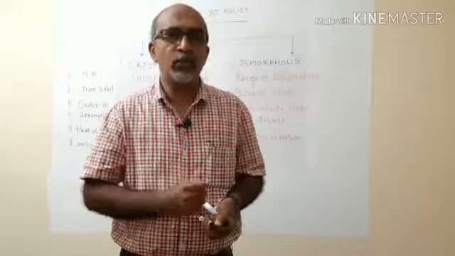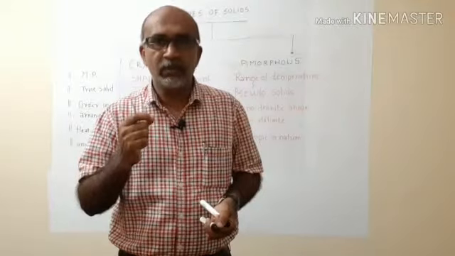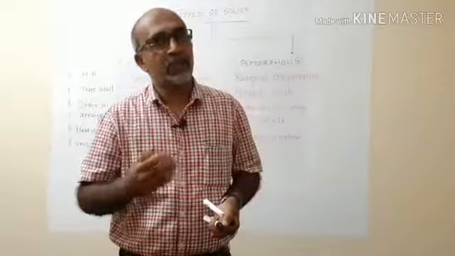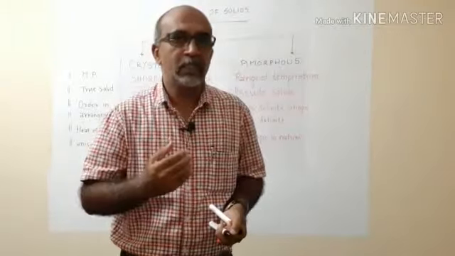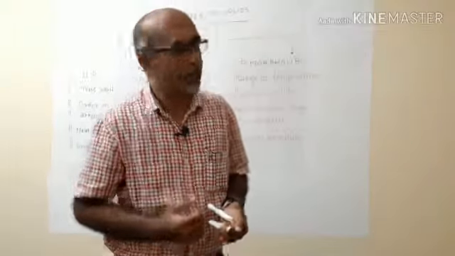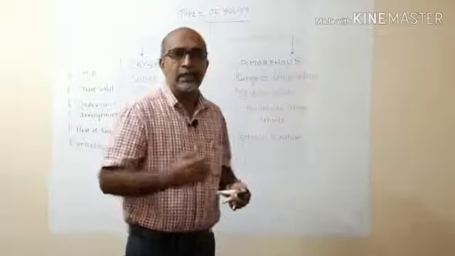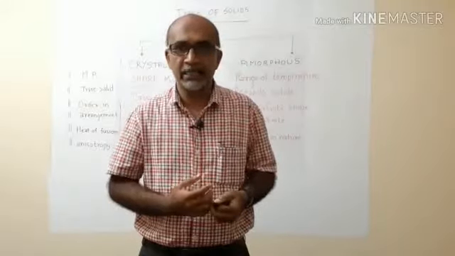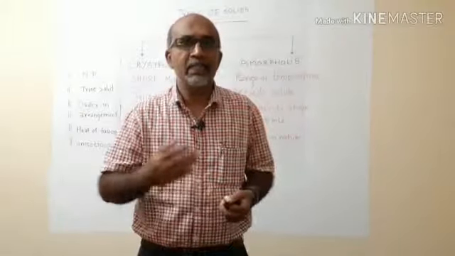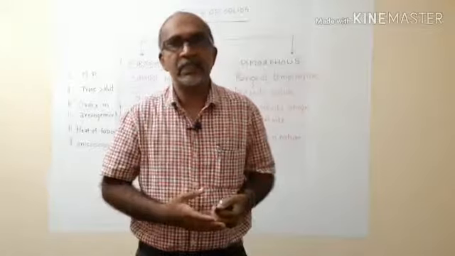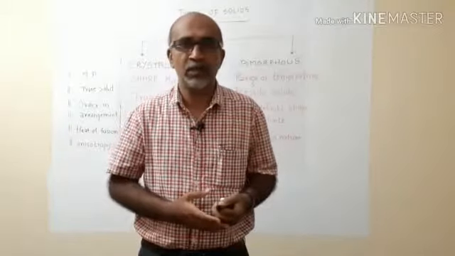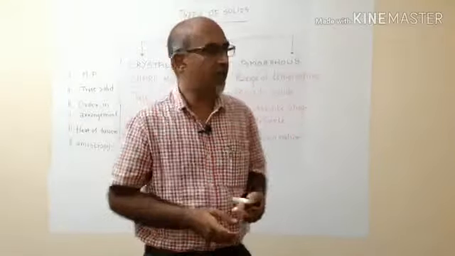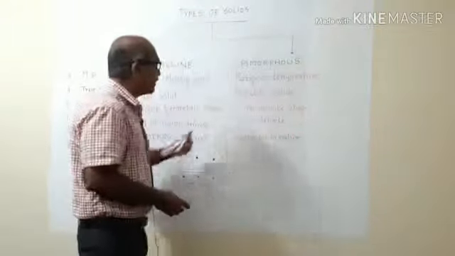Isotropy means the values of refractive index and electrical resistance remain the same in different directions. This is one more important characteristic feature distinguishing crystalline and amorphous solids.